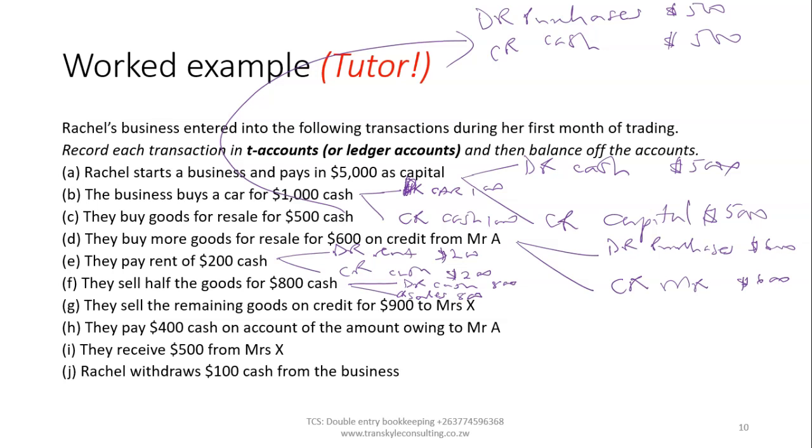They sell the remaining goods on credit for $900. So these were sales. So I go to debit the receivable, Mr. X. This is a receivable, it's an asset, 900, and credit sales, 900.